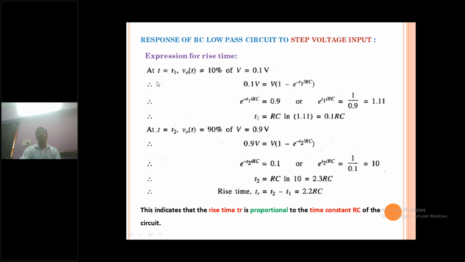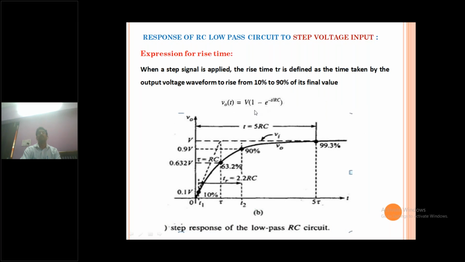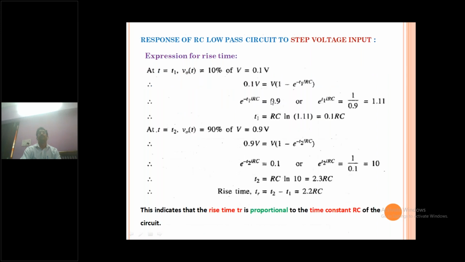At small t equal to T1, the output voltage is 0.1 V, because the total voltage capital V is the maximum charging voltage. Write the equation: left hand side is 0.1 capital V, and on the right hand side, in place of small t, substitute T1. Simplify and find the value of T1. How much are we reading here? T1 equals 0.1 RC.